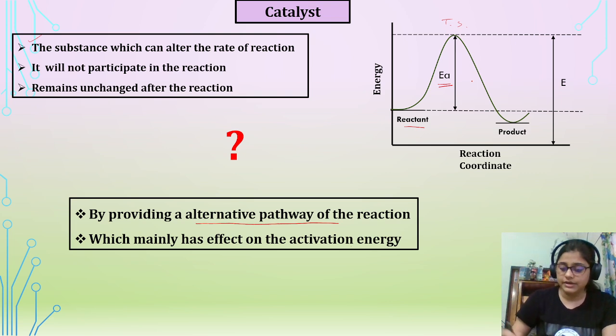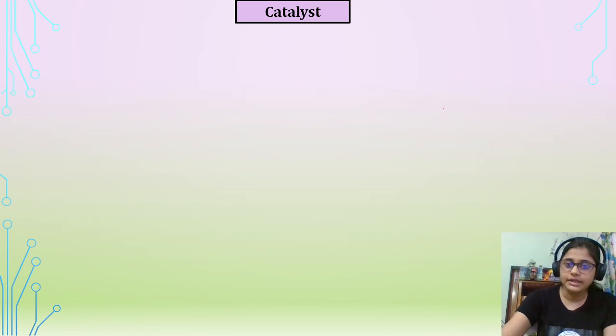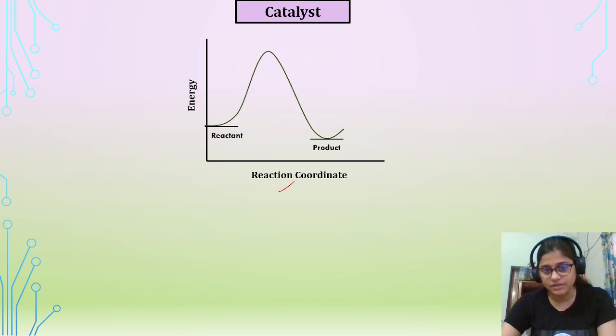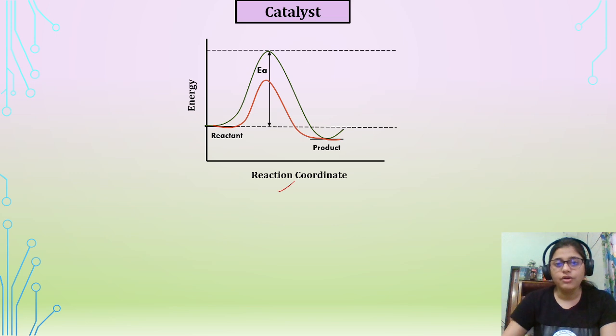In the next slide we will understand it in a better way. So this is the energy and reaction coordinate. First, again the same thing as in the previous slide, the energy profile diagram. This is the A. Now this red color energy profile diagram, let's say it is after adding catalyst.